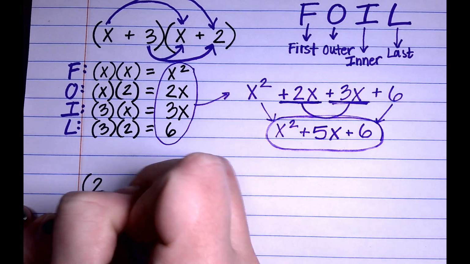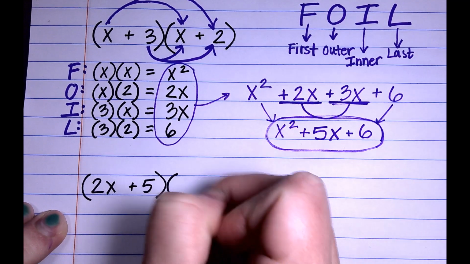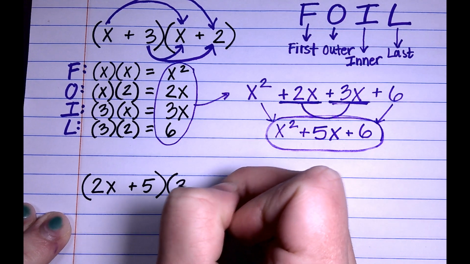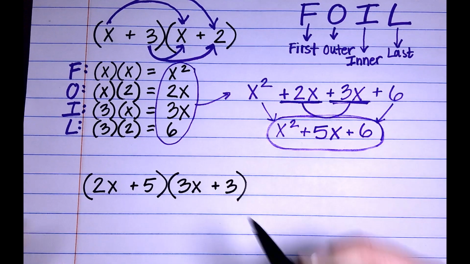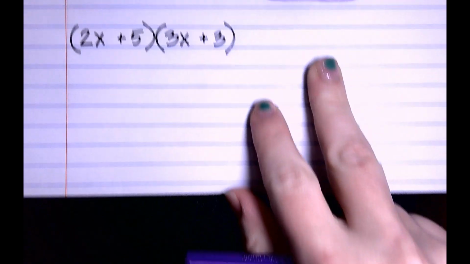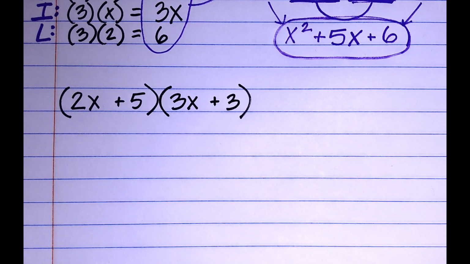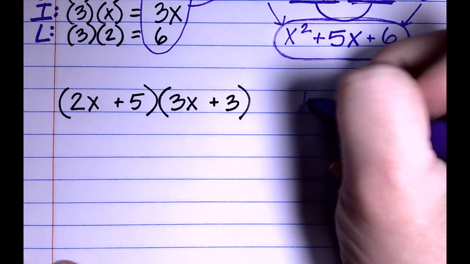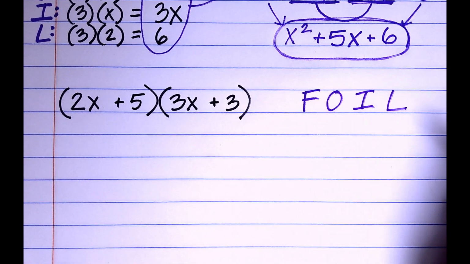Let's do 2x plus 5 times 3x plus 3. 2x plus 5 times 3x plus 3. And I want to use the FOIL method.